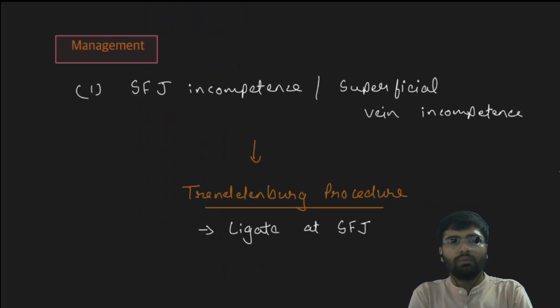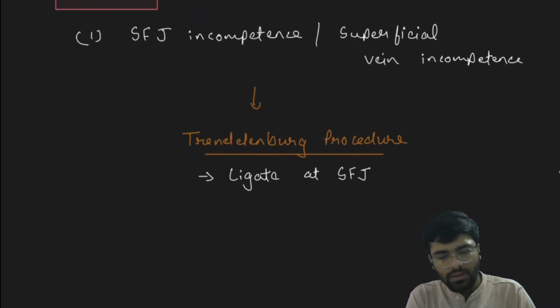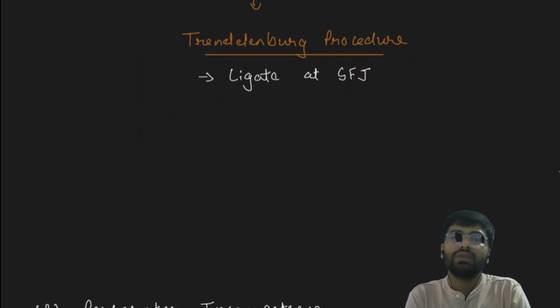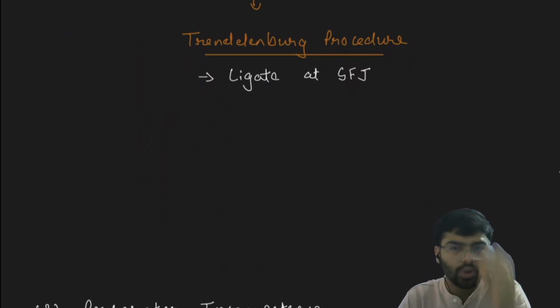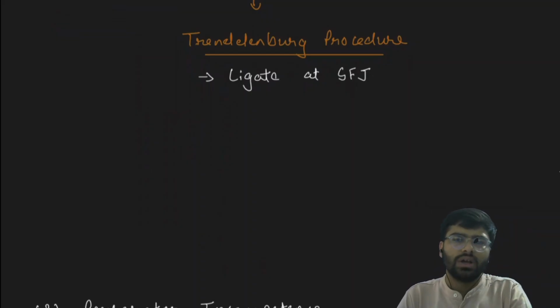So what if there is a problem in the saphenofemoral junction? For that, we have the Trendelenburg procedure in which we ligate the saphenofemoral junction. As I've told you earlier, we don't want the superficial vein. The superficial vein is not at all important. So let's remove that or let's tie that.